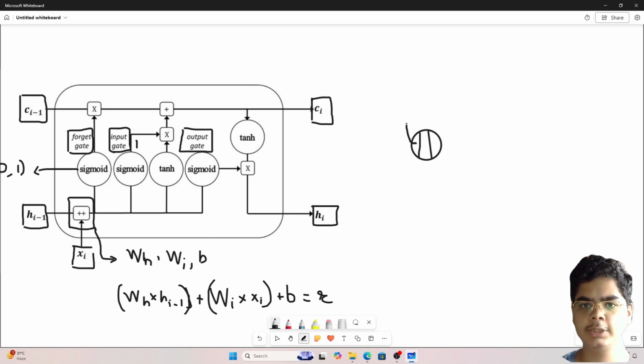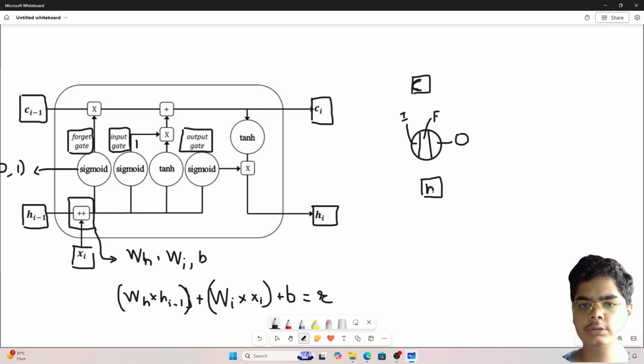So this first part here represents input gate, so I. This second part here represents forget gate, so F. And this third part here represents output gate, so O. And let us represent the cell state here, C. And let us represent the hidden state here, so H.